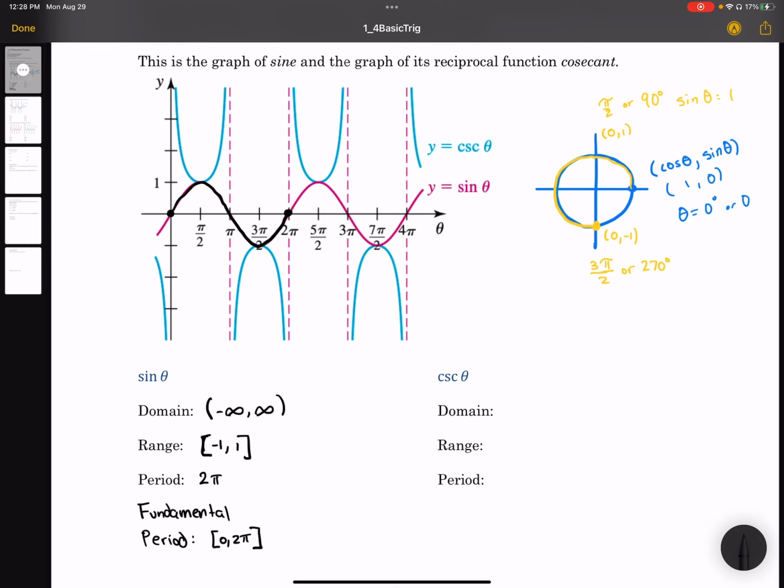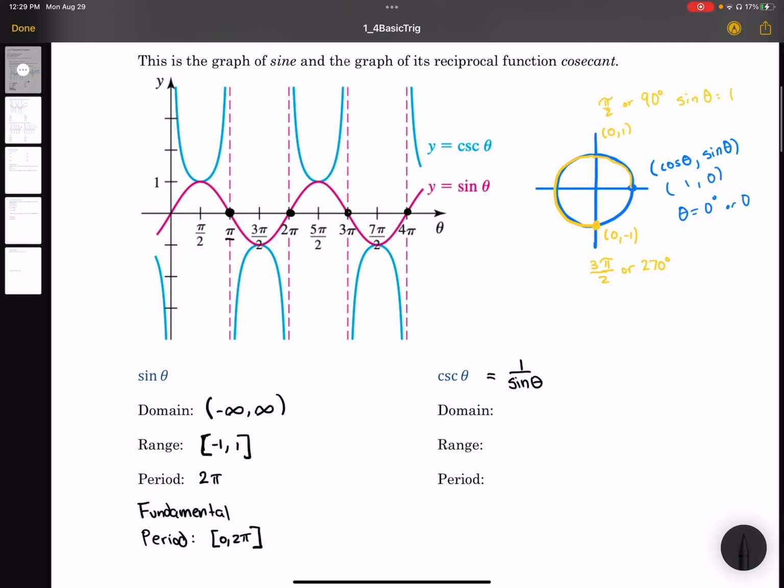And so now if we look at the cosecant function, we know cosecant theta is 1 divided by sine theta. So cosecant is going to be undefined everywhere that sine theta is equal to 0. So if we look at our graph, we'll notice that everywhere sine is equal to 0, the cosecant function has an asymptote.